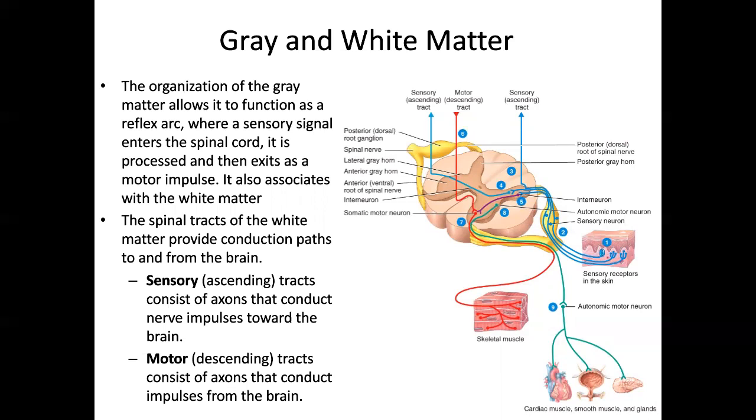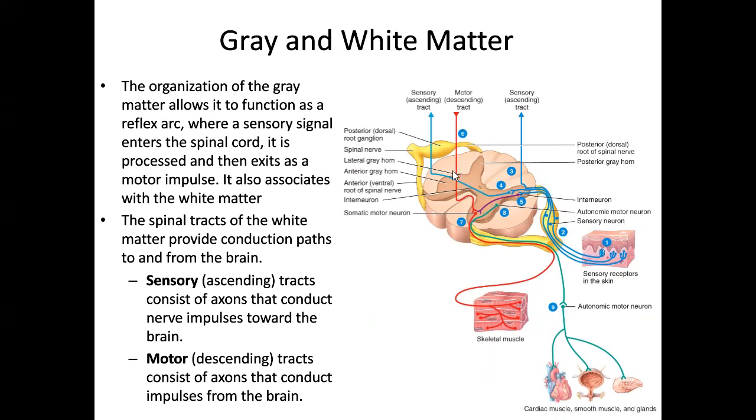I've already talked about the first bullet there, but the organization of the gray matter allows it to function as a reflex arc, where a sensory signal enters the spinal cord thanks to those sensory neurons, and they come into the posterior or dorsal gray horn. We then synapse with interneurons located inside of the gray matter. We process that.